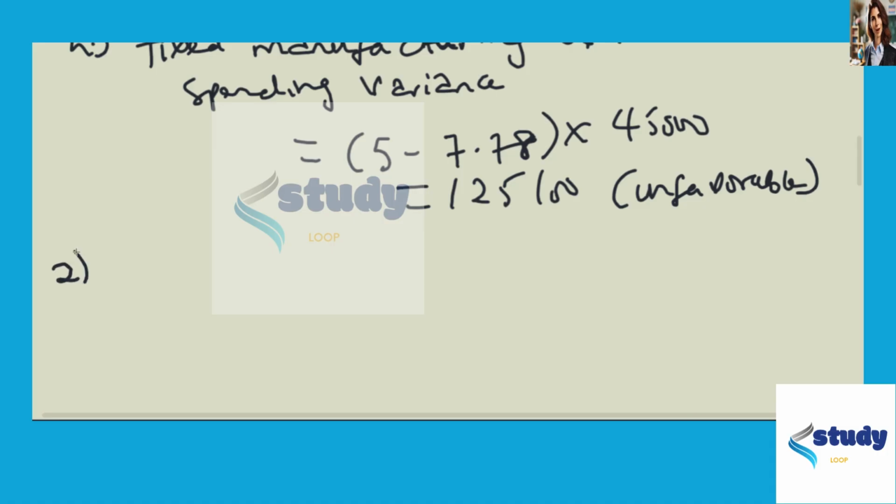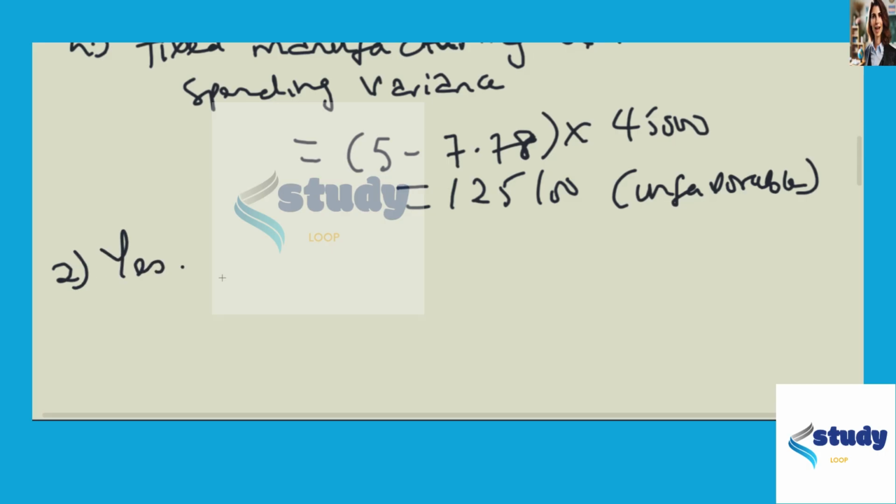Now the second part of the question: can James use any of the variances to help explain any of the other variances and give examples? So the answer will be yes.